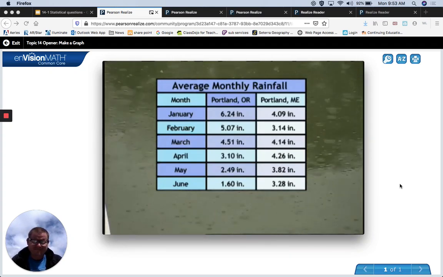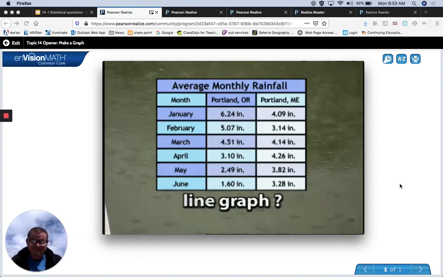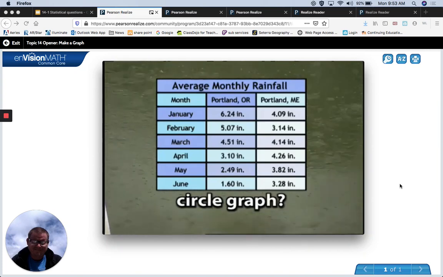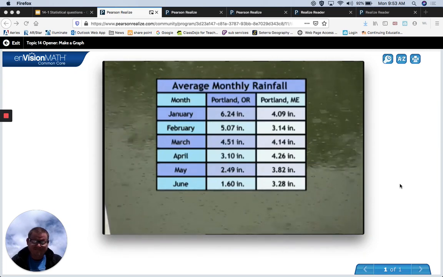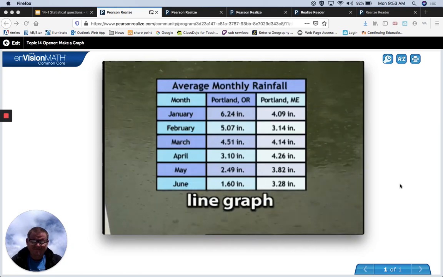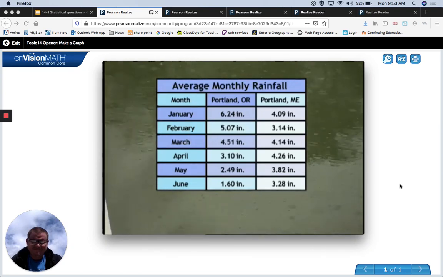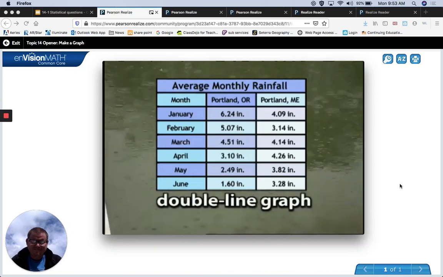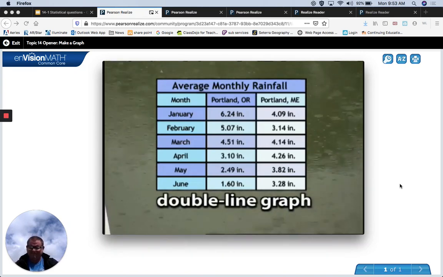Which graph would be the most appropriate for displaying this data? A line graph, a bar graph, or a circle graph? Because the graph is showing changes in data over time, a line graph will display the data the best way. And because there are two sets of data, we will make it a double line graph.